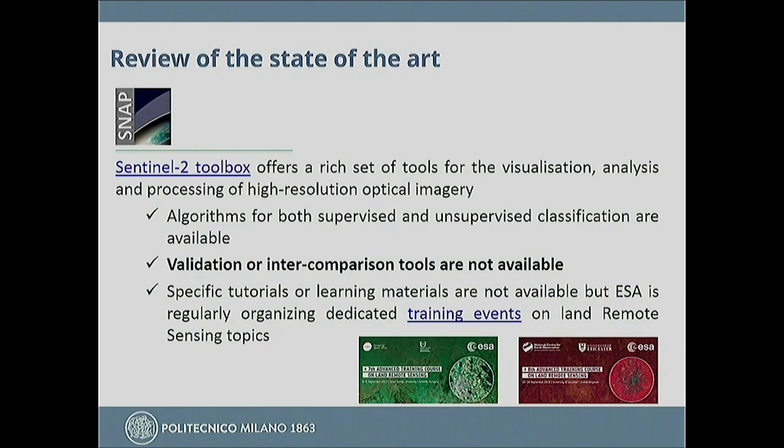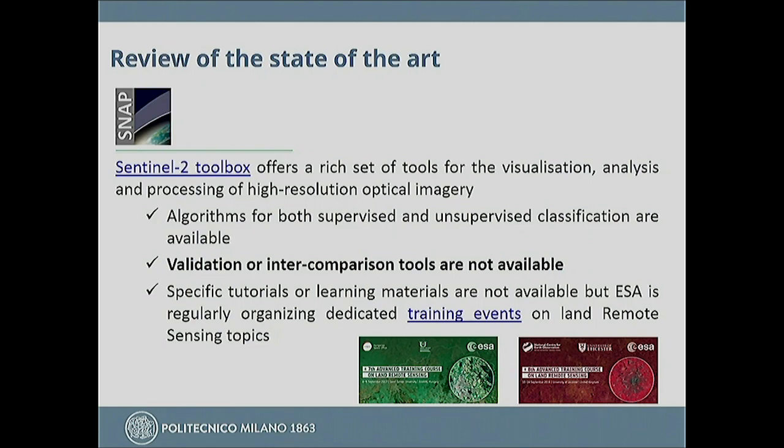So nothing available for validating your data. It's only possible to derive the data. But for deriving the data, so creating your land cover map, there is a lot of training material available in different ways, videos, slides, and everything you need for learning how to derive a high-resolution land cover map.